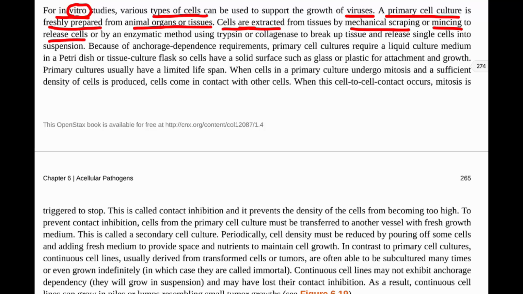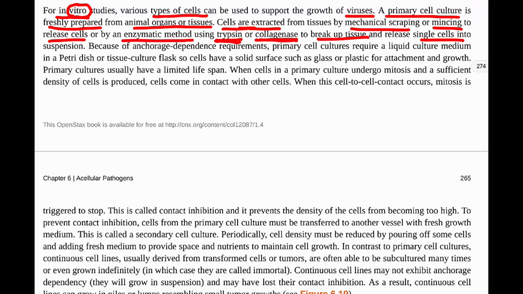So either scraping off the cells and getting pieces of them, or mincing by basically putting them in a blender and breaking them up, and not too much because you don't want to lyse the cells themselves, but you want to kind of break up the tissue enough to get some cells free. Or by enzymatic methods, so using either trypsin or collagenase to break up the tissue and then release these individual cells into a suspension. So trypsin and collagenase are enzymes that are going to break apart tissues.